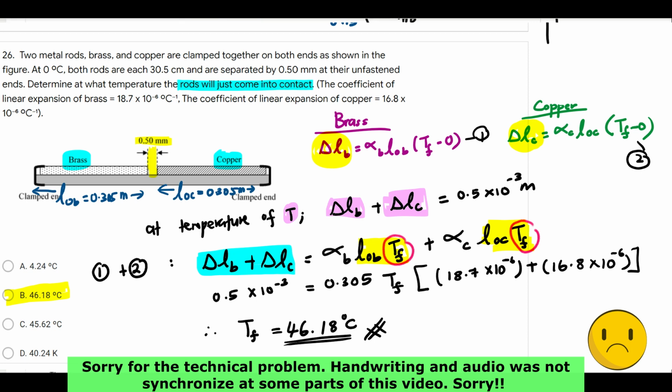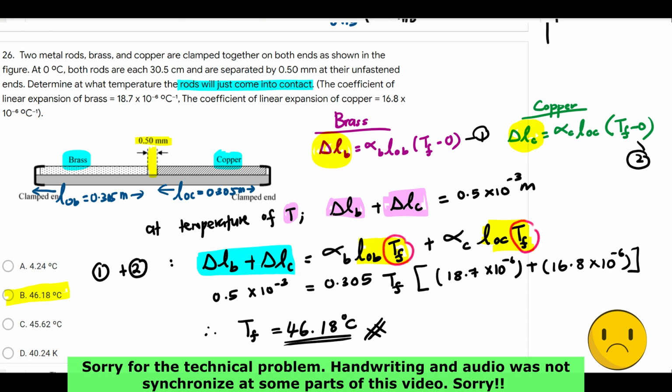L0 B dengan L0 C kan sama, jadi saya akan faktorkan, senang sikit kita nak kira. So dia akan jadi 0.305 TF.